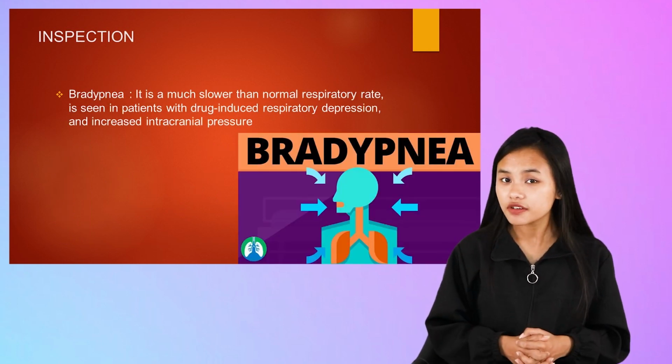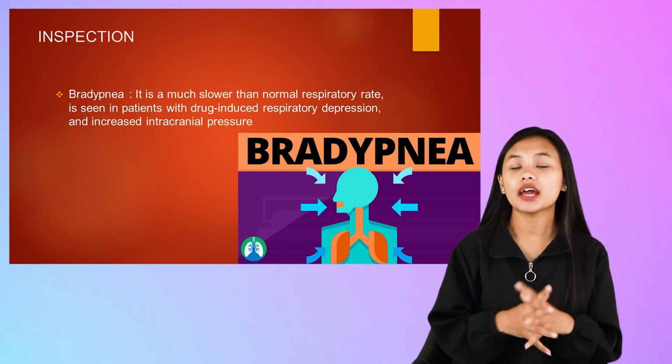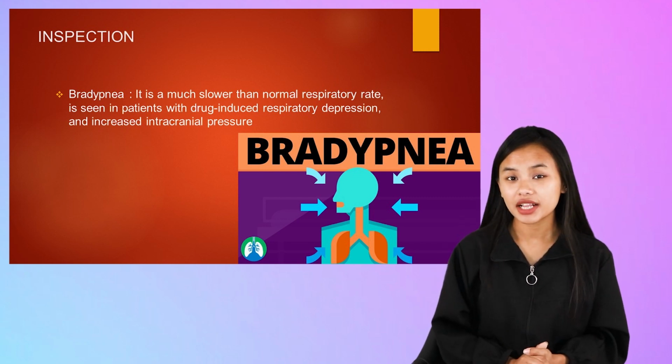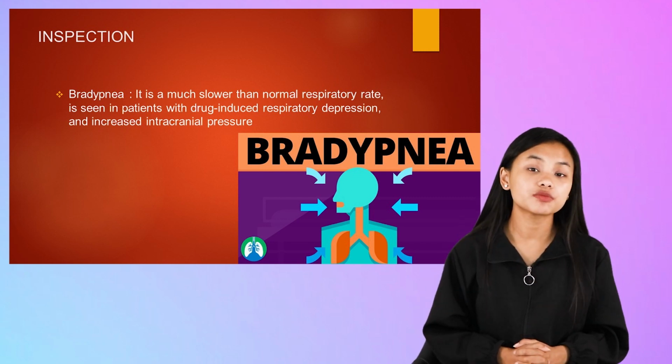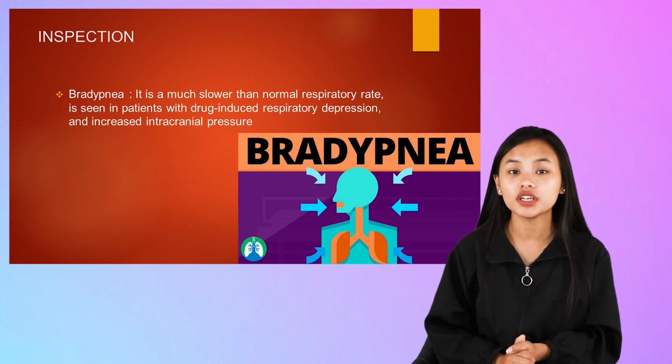Whenever the respiratory rate of the client is lower than the normal level, it can be termed as bradypnea. This bradypnea is usually seen in clients with drug-induced respiratory depression and those with increased intracranial pressure.